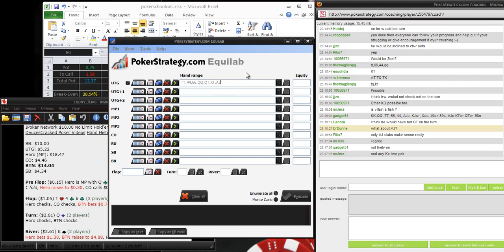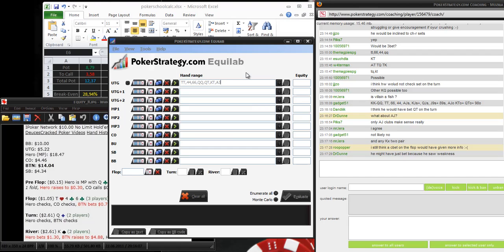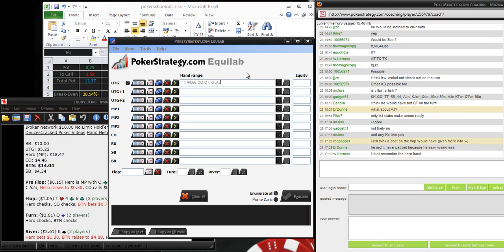He saw both opponents checking on the flop and decided to take a stab, and as somebody called, he saw that, oh, I don't have much fold equity, and decided to check behind on the turn with a gutshot. Ace jack is very likely, and might even be both ace jack suited and ace jack offsuit. King 10, king queen, and so practically this is the range we could put the opponent on.